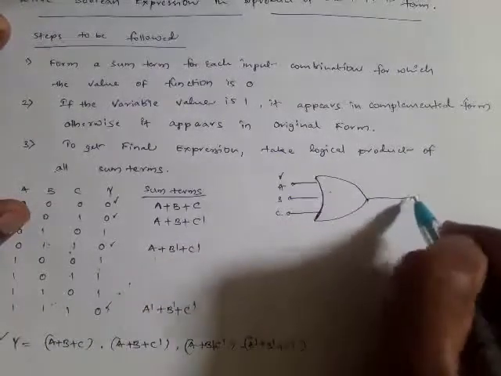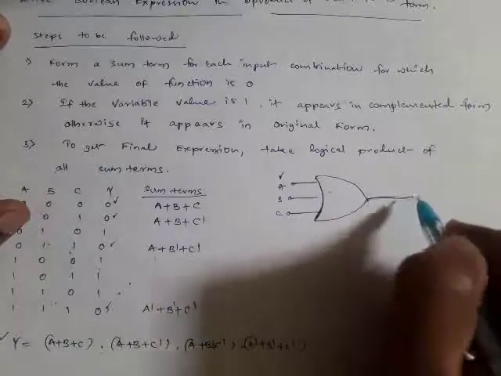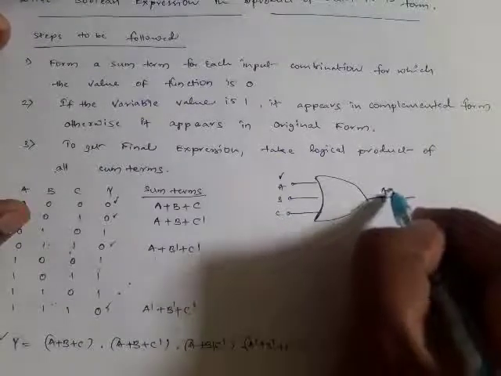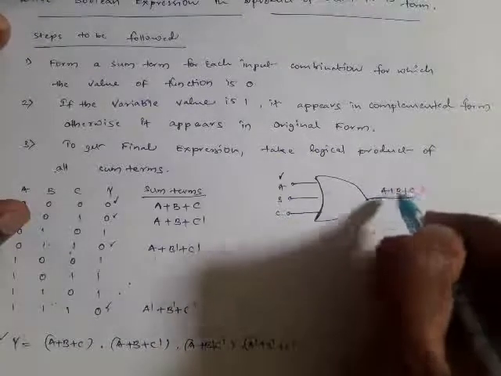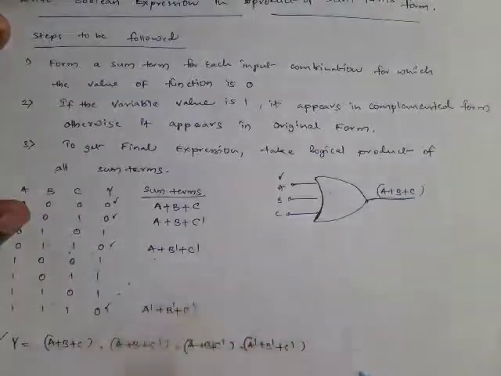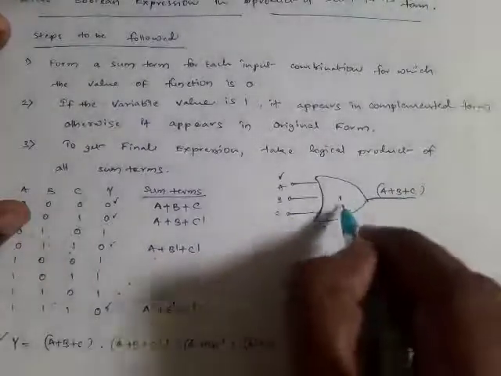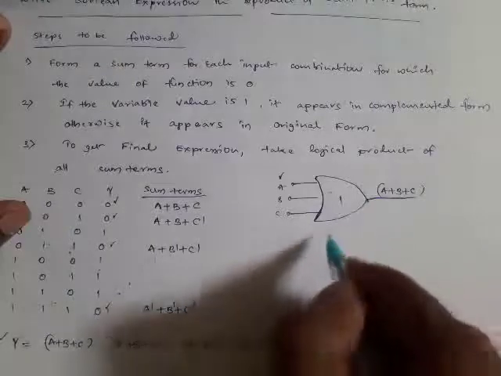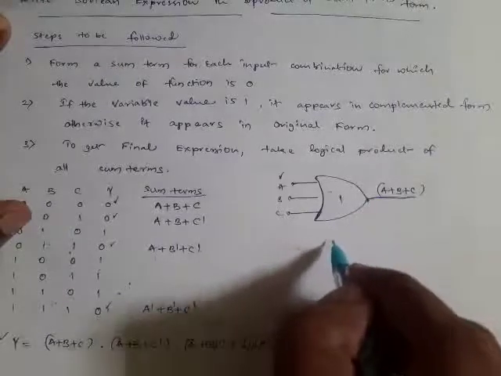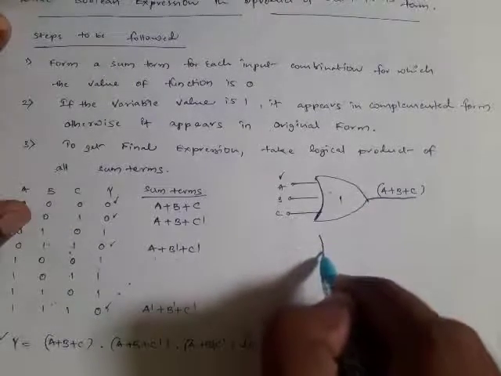Which will give the first sum term, A plus B plus C. And to obtain the next, so this is OR gate number 1. So the next OR gate we will write somewhat smaller.